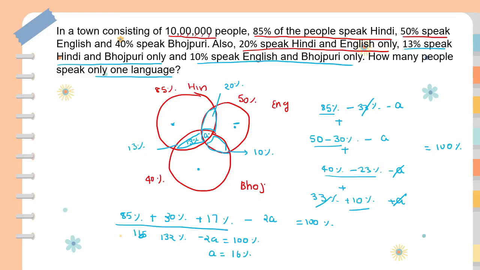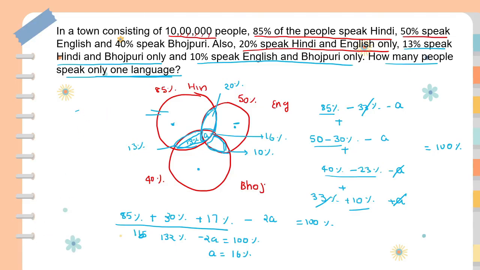So here a is 16%. So basically we have to find how many people speak only one language. So when we subtract this portion and this portion, we can easily find this by subtracting from 100%.